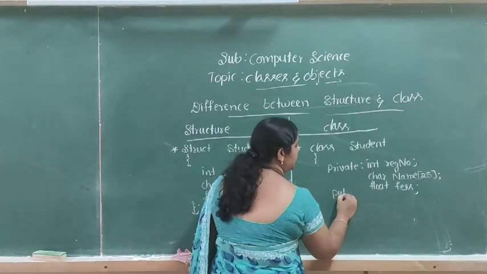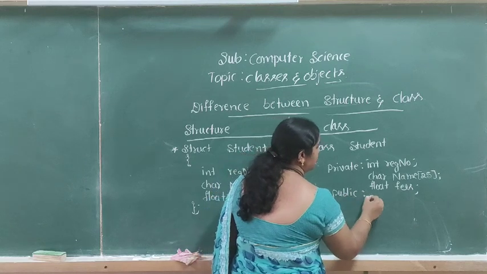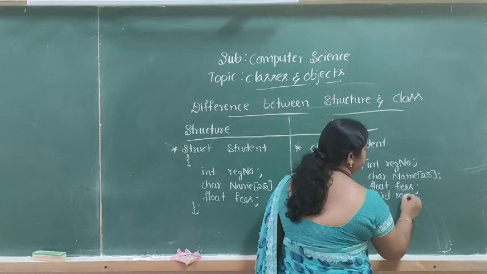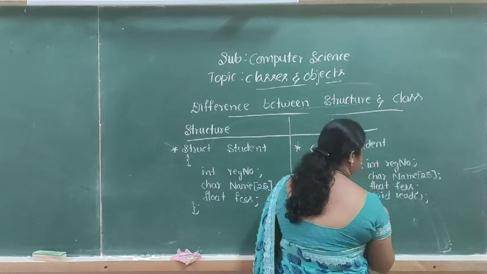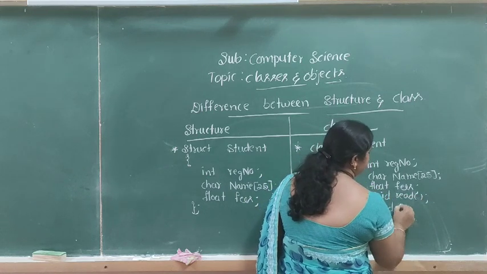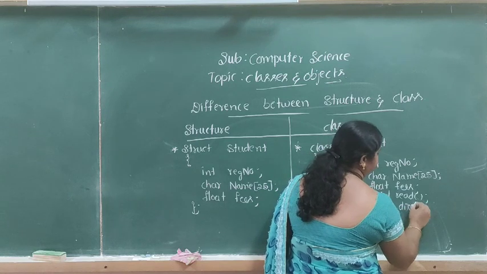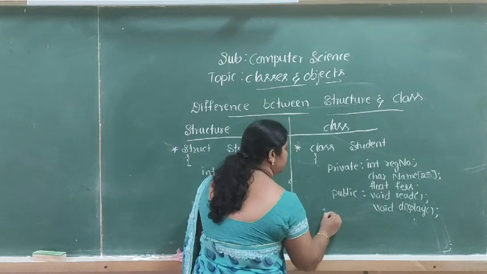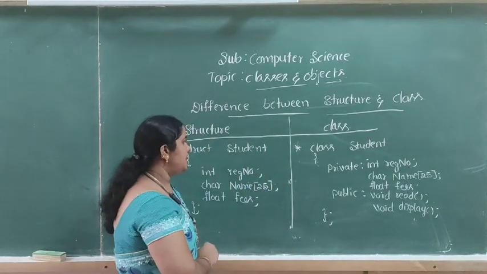And again we take the public section: read and display. So that is one example for a class.